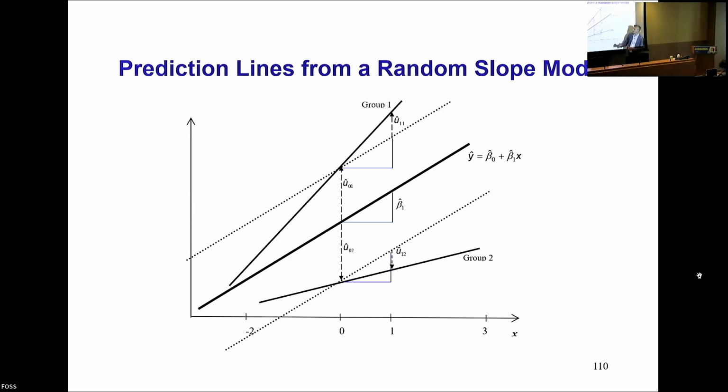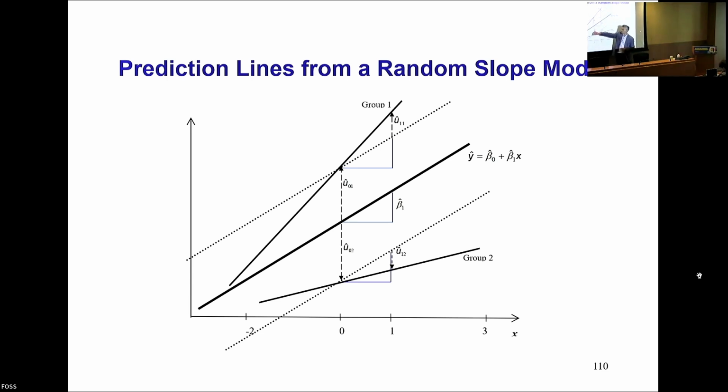So we see here there's a pattern where the group level lines are fanning out. They're fanning out because there's a positive correlation between the group level intercept and the group level slope. So if this is large and the group level slopes are positive, then the lines will be fanning out.